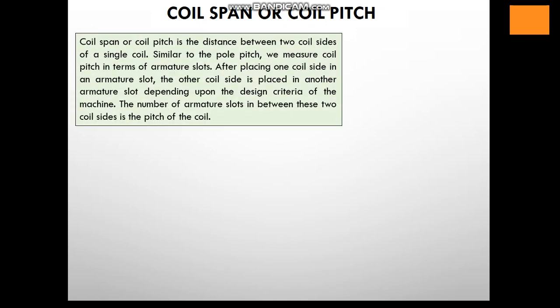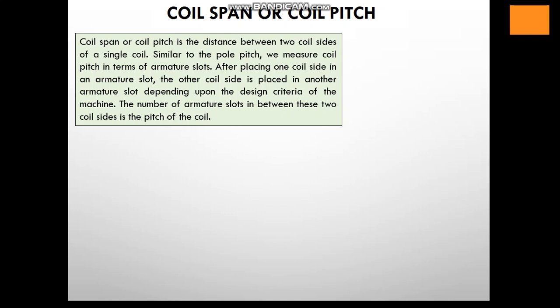Now, coil span or coil pitch. What is coil span or coil pitch? Coil pitch or coil span is the distance between two coil sides of a single coil. Similar to the pole pitch, we measure coil pitch in terms of armature slots.